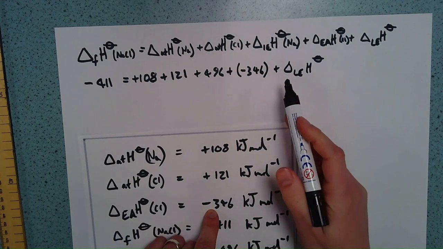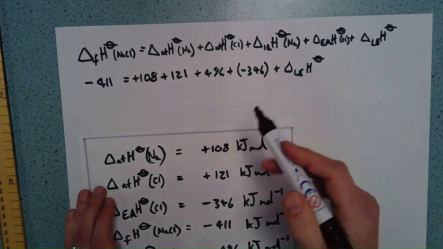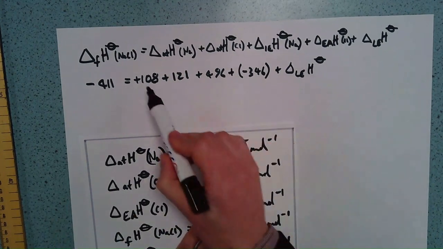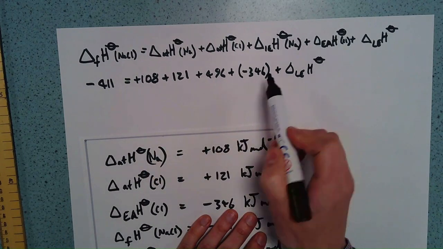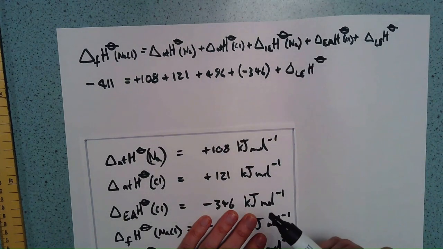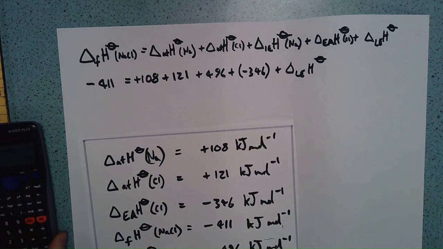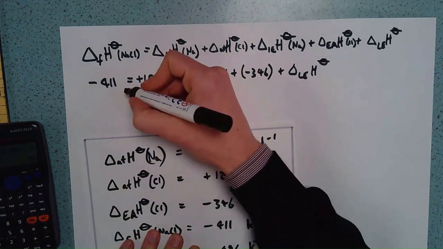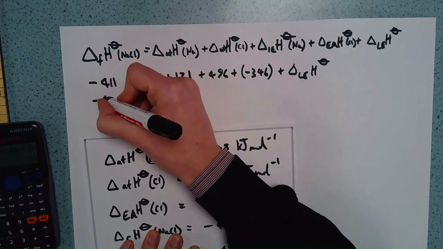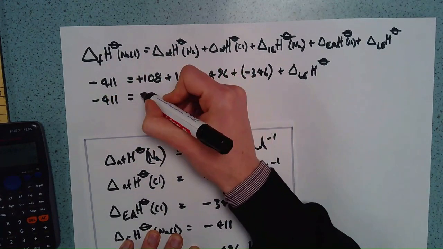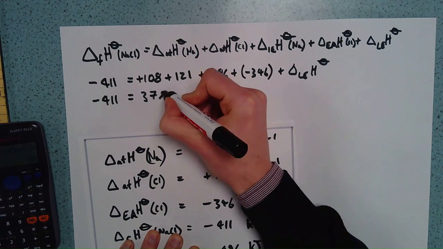And so you can see that we can sum this all up and then rearrange, or we can rearrange to start with. The way that I'm going to do it in this particular case is sum it all up.